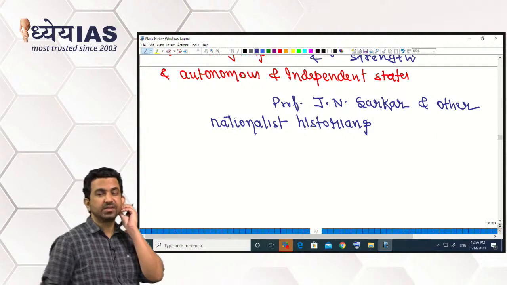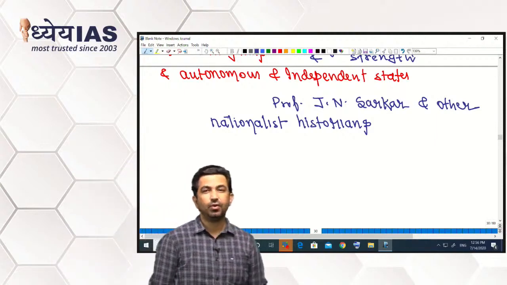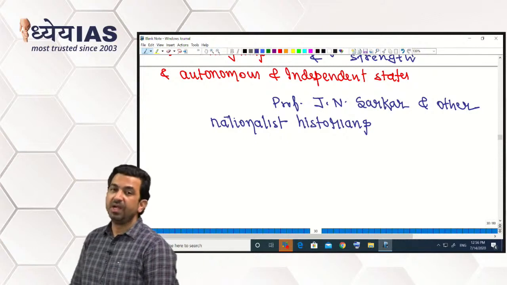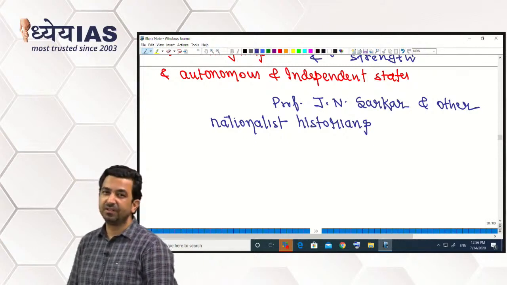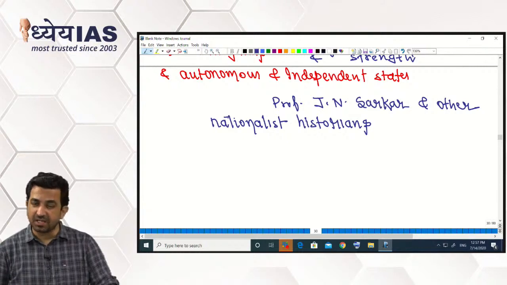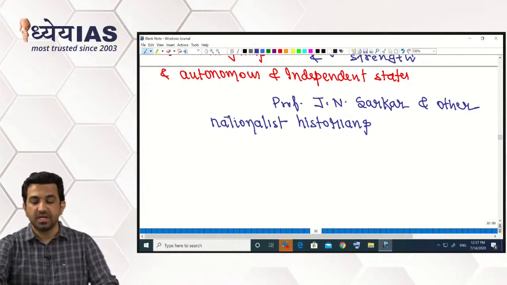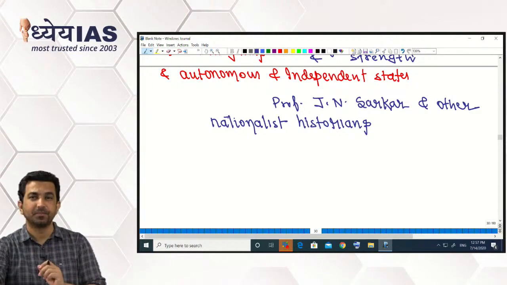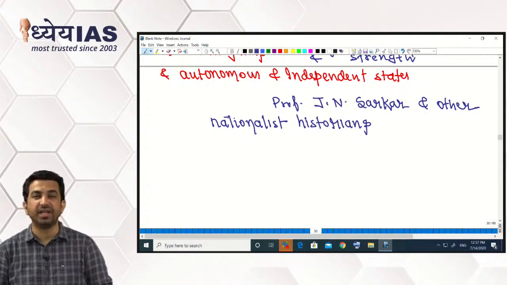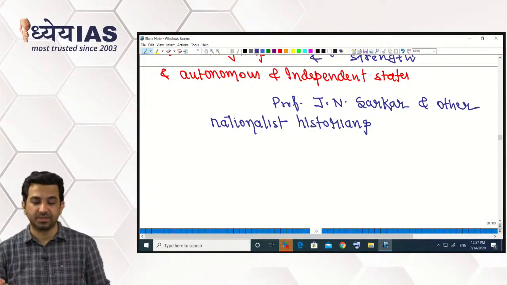Professor Jadu Nath Sarkar wrote History of Aurangzeb. Professor J. N. Sarkar and other nationalist historians have stated that Maratha, Jat and Sikh resistance was evidence of a strong Hindu opposition against Aurangzeb's religious bigotry, religious orthodoxy and blindness.